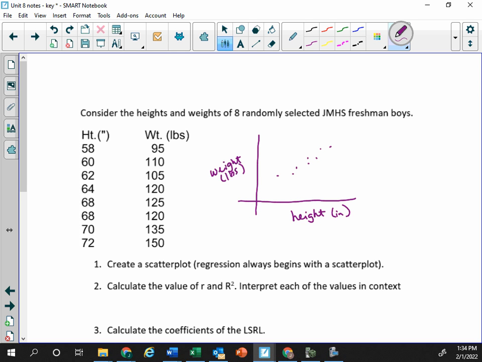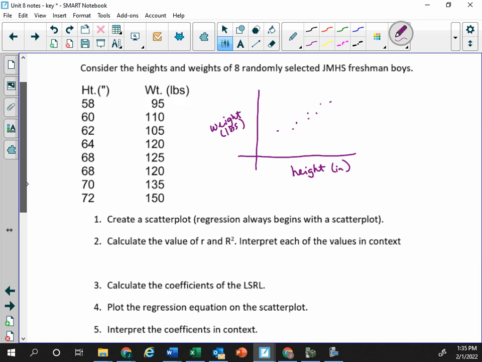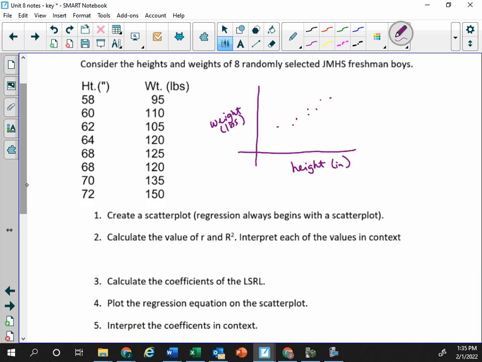We'll pretend that my scatter plot looks like your scatter plot. All right, so we've done number 1.